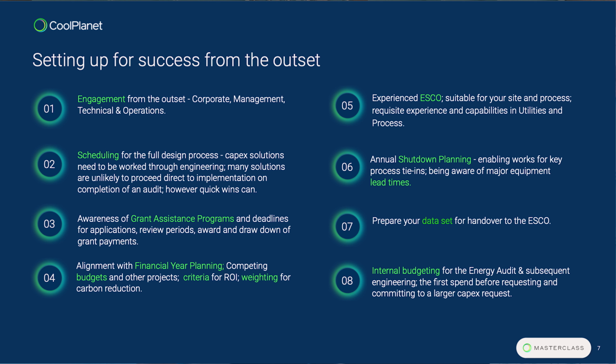That's getting buy-in from the outset, from corporate, from management, from technical operations teams on the ground, because everyone has their part to play in successful decarbonisation projects. Another aspect was scheduling. You have to give yourself enough time to develop out and deliver these projects right from audit stage through subsequent stages of engineering, and then through the project delivery and commissioning phase as well.